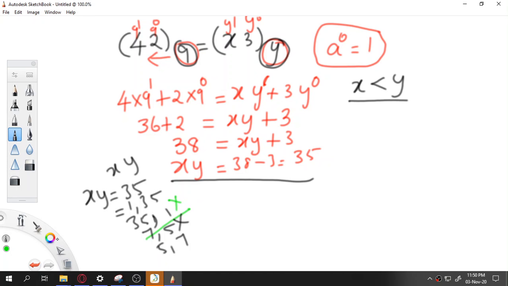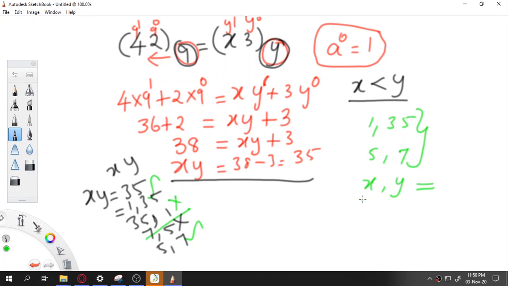So the only possible cases are these two values. So x may be either 1 comma 35 or x may be 5 comma 7. There are two possible values that x and y can take.